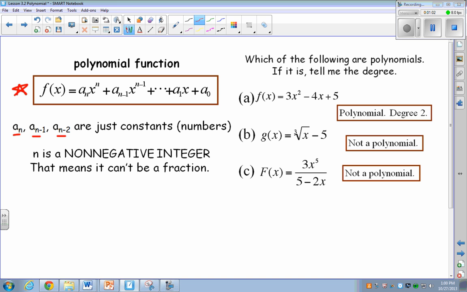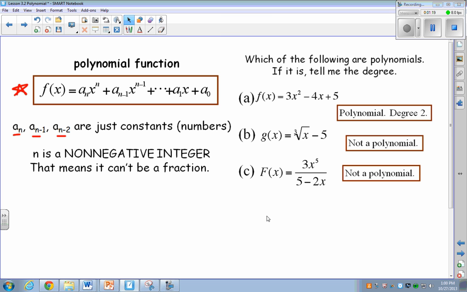Now, we're going to be talking about the degree of a polynomial, which is the largest exponent of your function. So here, n is our degree because it is the largest exponent.